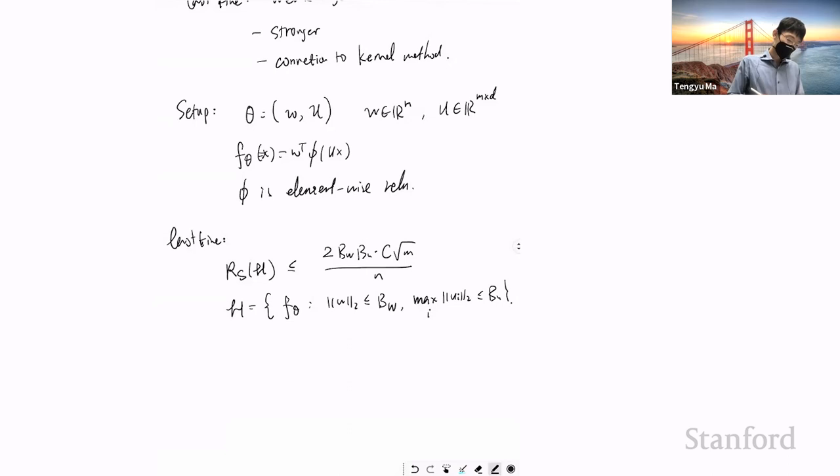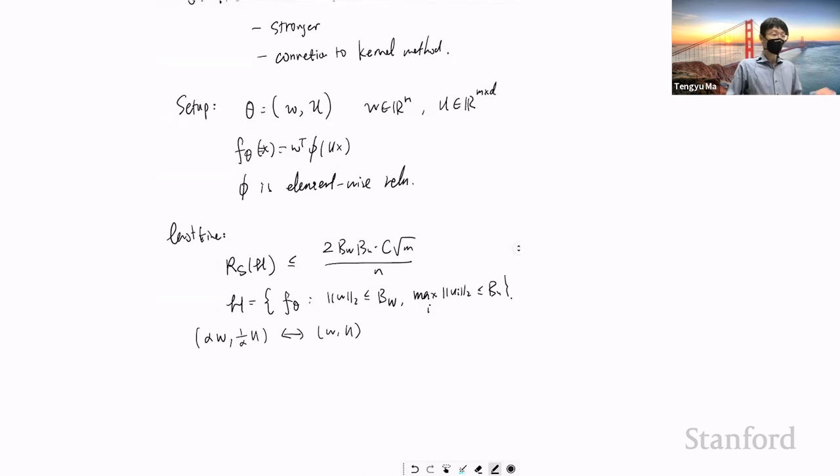In some sense, we discussed this a little bit in the class, and somebody asked this question. There's a scaling invariance because alpha times W and 1 over alpha times U would be the same model as W times U, right? Because you can scale the first layer by alpha, and then you downscale the second layer by 1 over alpha if alpha is bigger than 0.